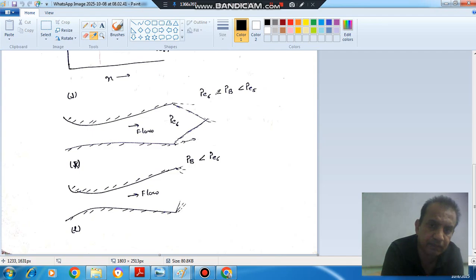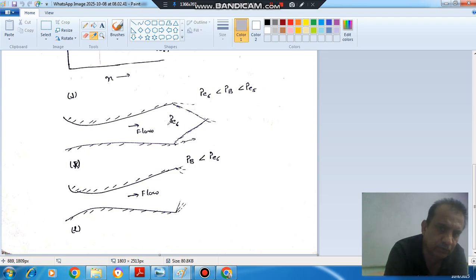So if we maintain pressure between them, then the oblique shock will occur. P5 is corresponding to normal shock and PB will be here corresponding to oblique shock, because PB is greater than P6, so it will give oblique shock.